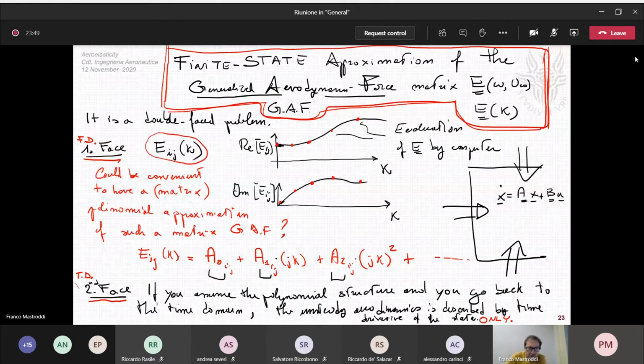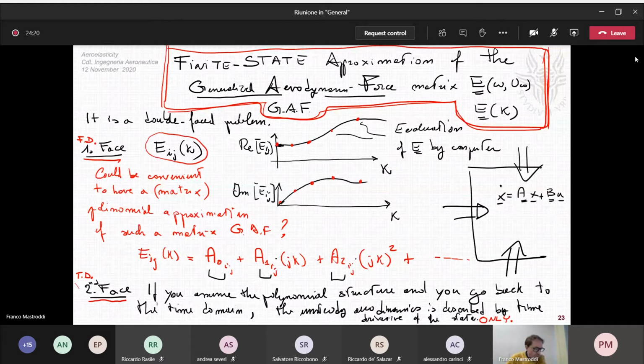This is one face of this approach, but the other face of the medal is that whenever you do this, you will be able to represent the elastic system completely in a state space form, as a system of ordinary linear differential equations in time.